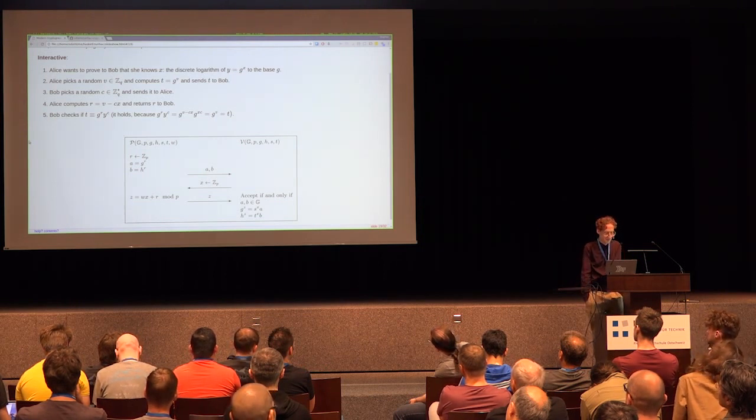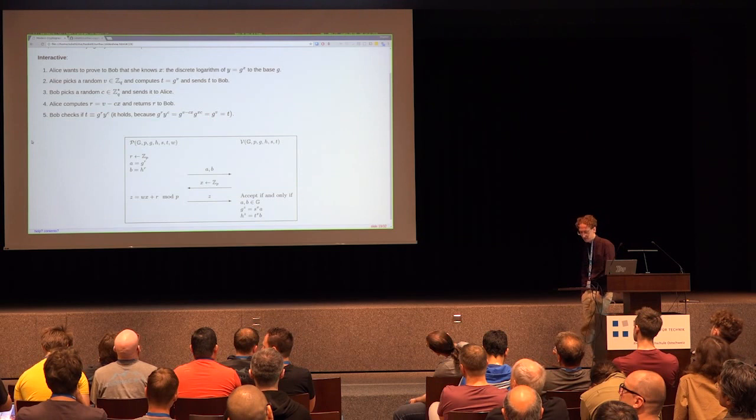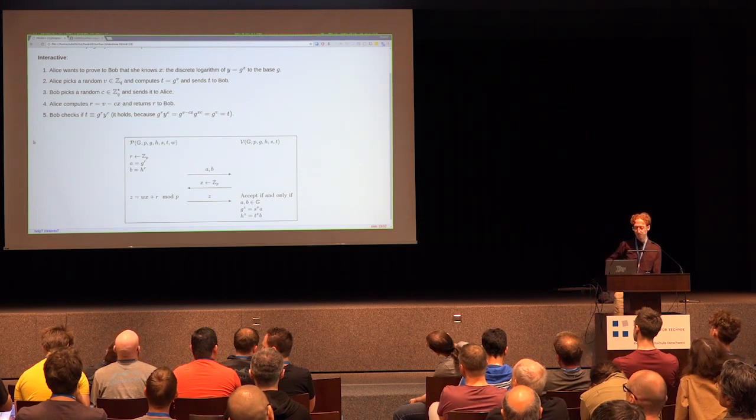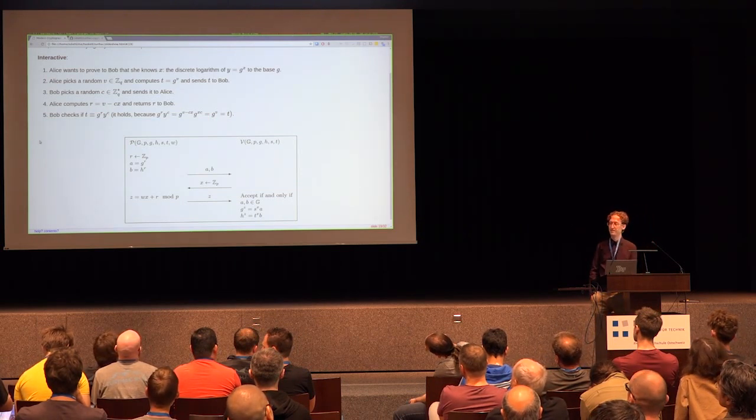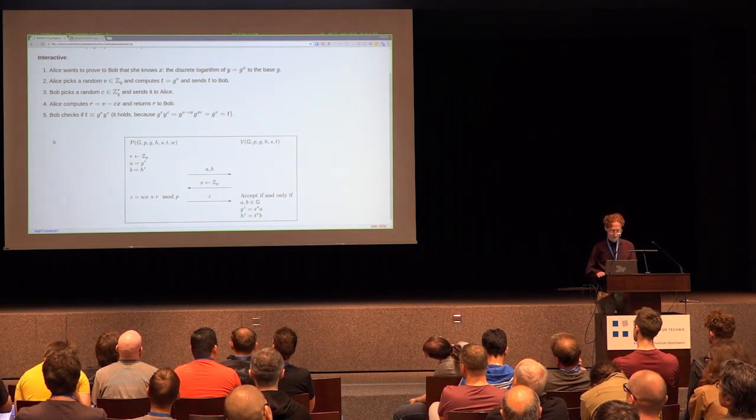So these are not terribly useful in practice. Often what we want to do is basically just have a single proof term that can be sent over a network that conveys completely that Alice does indeed actually have the discrete logarithm solution to this.